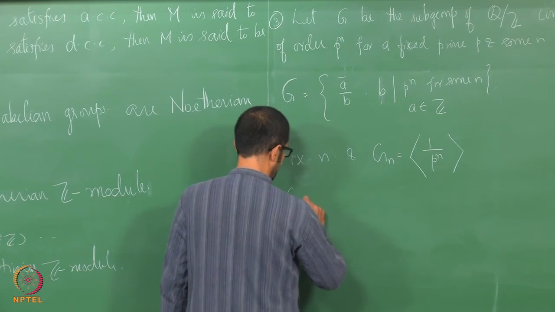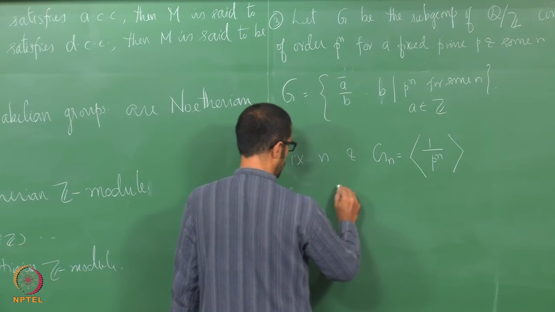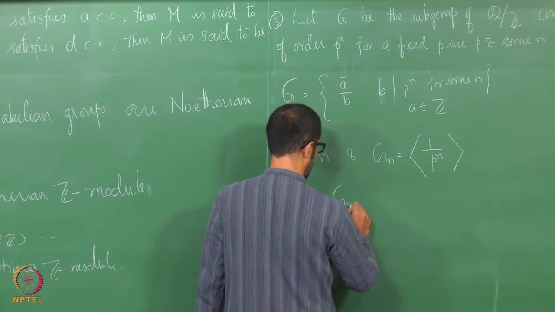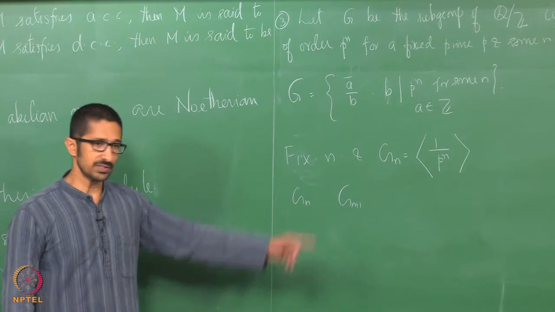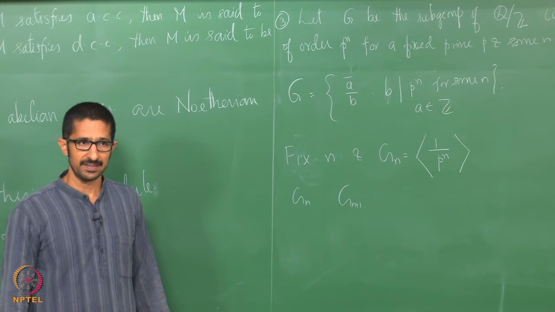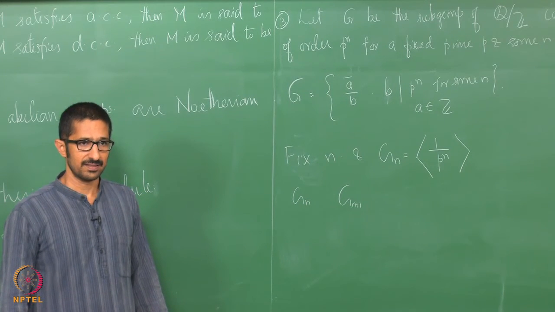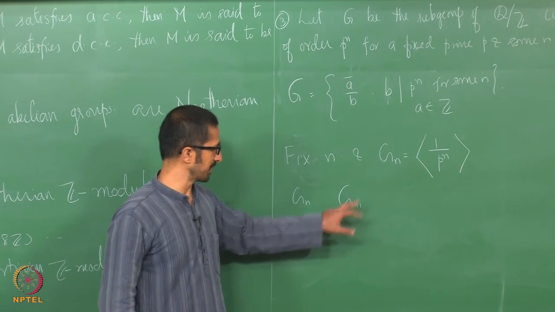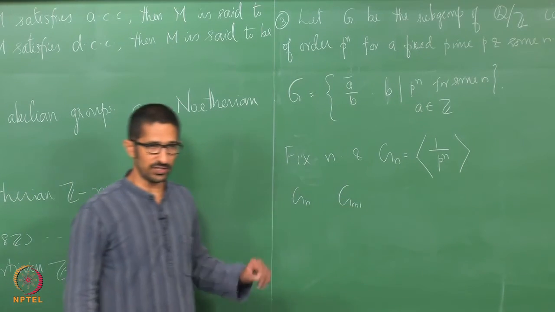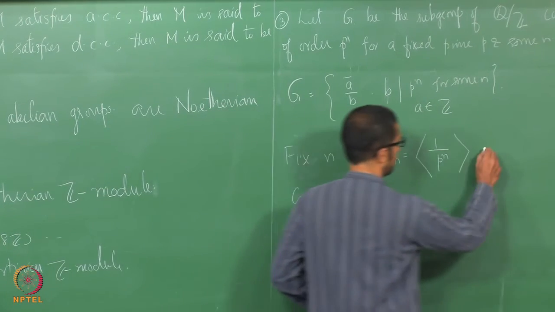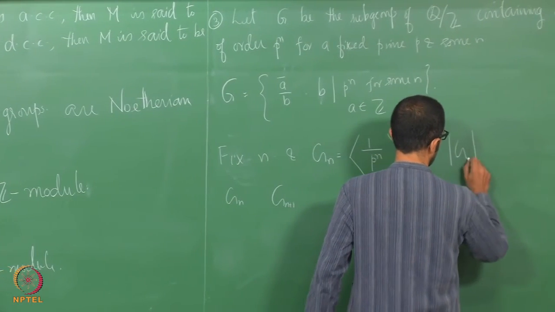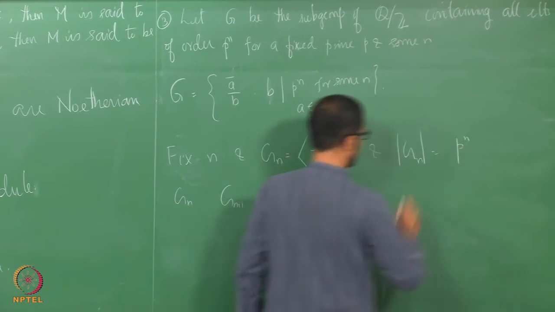Now, what can you say about G n and G n plus 1? Can you say something about these two subgroups? Of course, order of G n plus 1, can you have some comparison? See, this is for any n, order of G n is p power n.